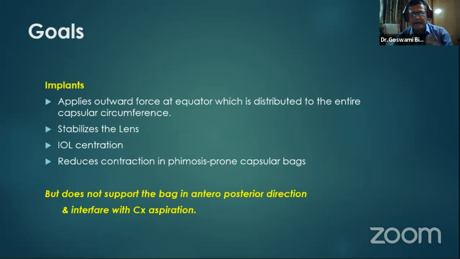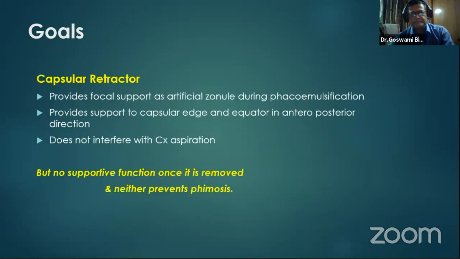The implants apply outward force at the equator, which is distributed over the entire capsular circumference, but it doesn't support the bag in the anterior posterior direction. It stabilizes the lens beautifully, gives good IOL centration, and reduces the capsular contraction force in phimosis prone conditions. But sometimes it interferes with cortex aspiration also.